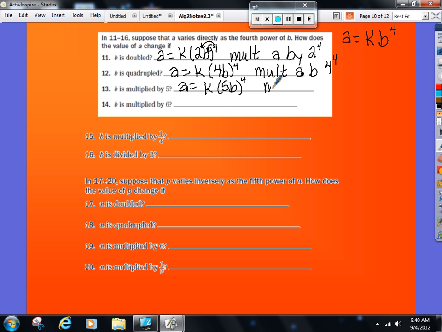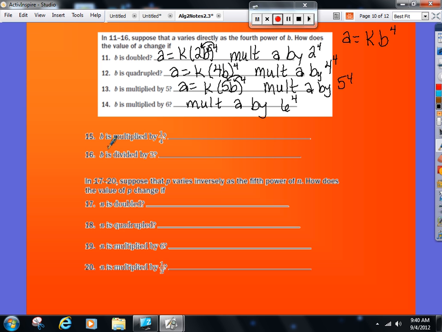A still has to get bigger because b is getting bigger, so I multiply a by what? 5 to the fourth. If b is multiplied by 6, I'm sure you can figure out the pattern now. Multiply a by 6 to the fourth.